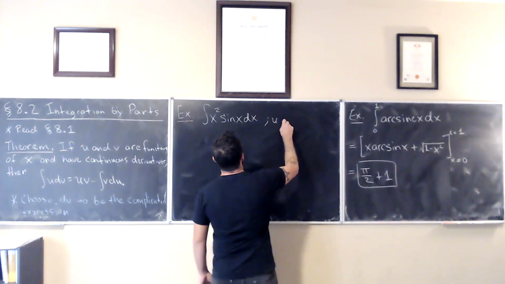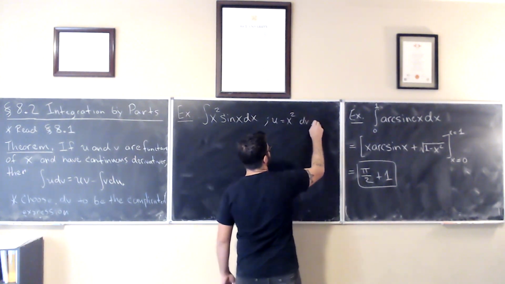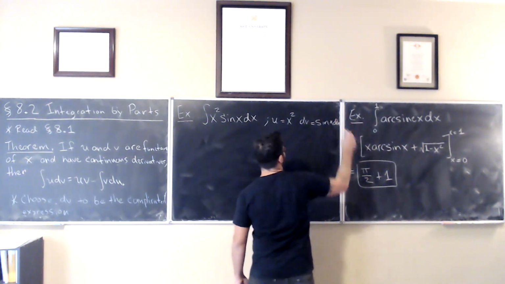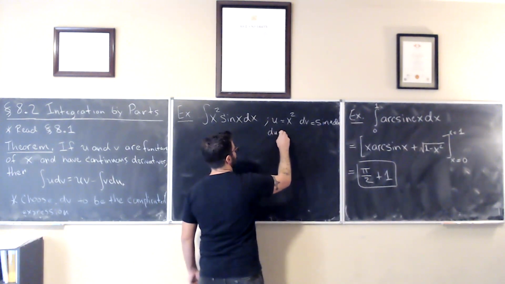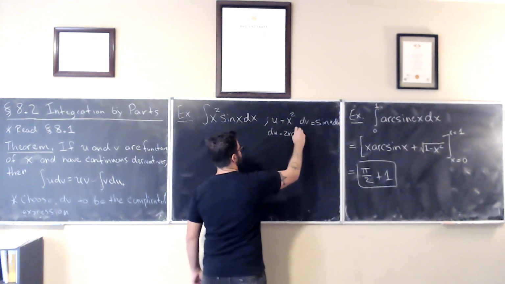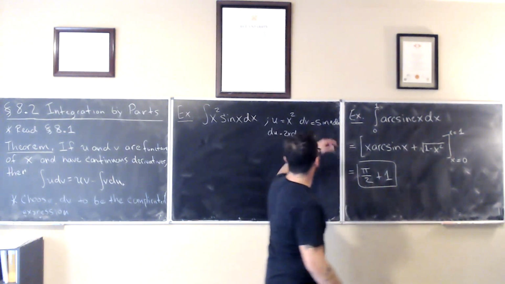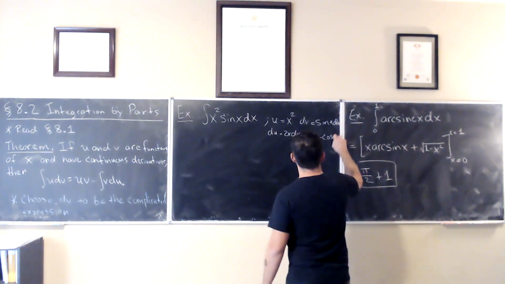So let u be x squared and dv equals sine x dx. Okay, so then du is equal to 2x dx, and v is equal to, if you integrate both sides here, negative cosine x.